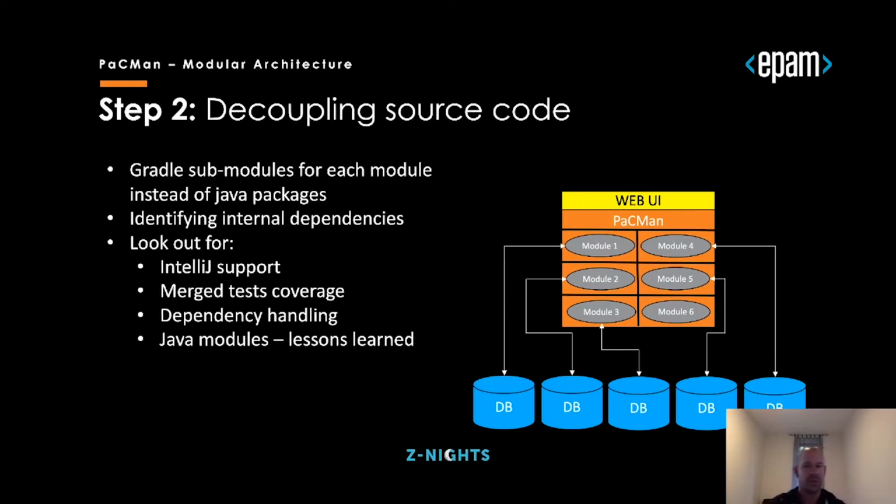We had a merged test coverage report for our entire application, and after we did this submodule thing, IntelliJ didn't support it too much, because it was an unconventional Gradle project. We had to do some tricky Gradle scripting, Groovy scripting, so it was a bit tricky.